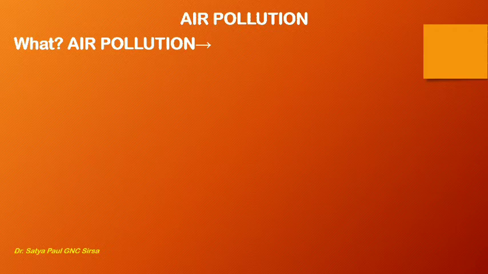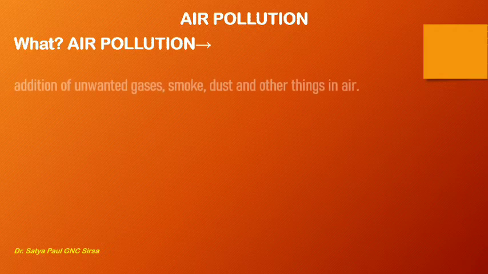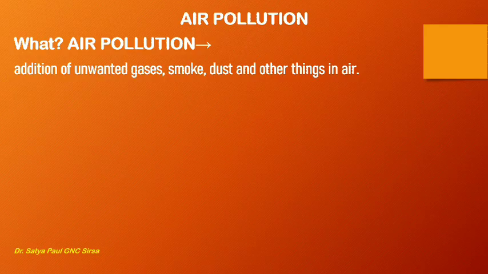Roughly, we have already discussed that it is the addition of unwanted elements to air. Defining air pollution, we will say the addition of unwanted gases or smoke or dust or other things in air is air pollution. The second thing is we will elaborate our idea. Writing briefly, we have to make things crystal clear and make our paragraph concrete.